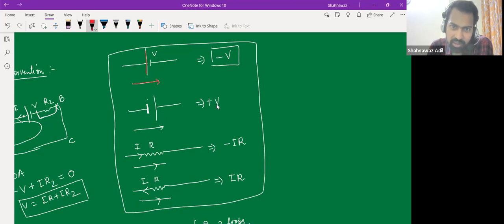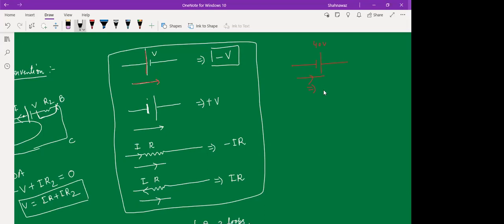Is that clear now, Aisha? Let's say I have taken 40 volts and the loop in this direction. First I see this lower terminal, lower potential. So what would be the voltage, plus 40 or minus 40? Plus 40, right?